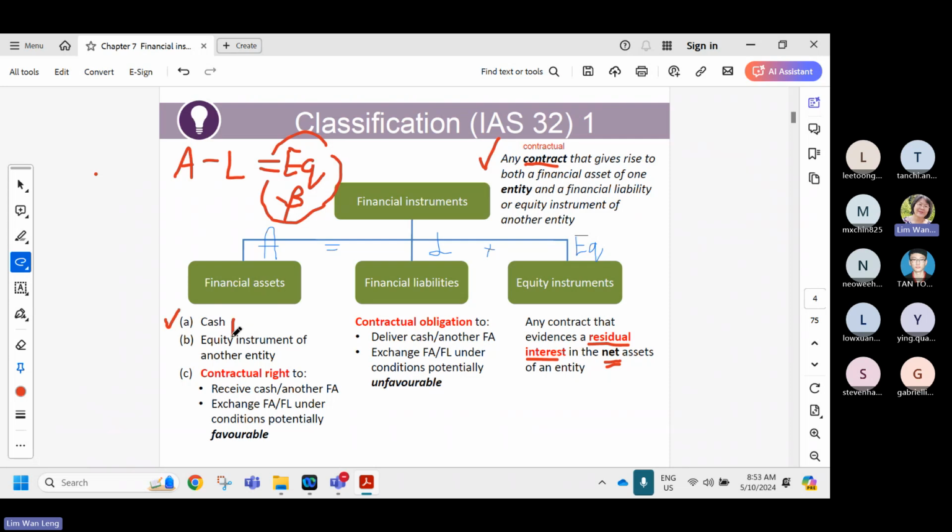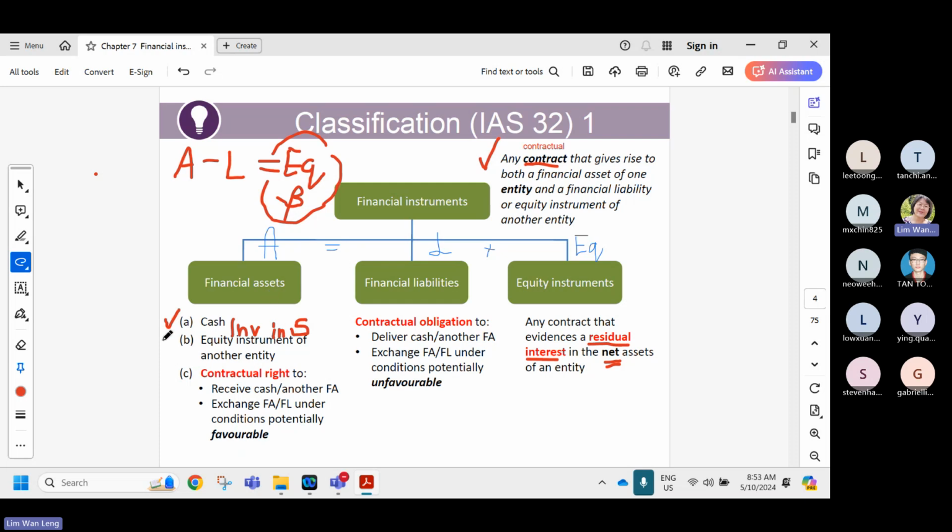For example, you may have investment in subsidiary. Investment in subsidiary is part of the financial asset. Let's say in the books of the holdings, you will find investment in company XYZ, and it so happens company XYZ has subsidiary status. So investment in subsidiary is part of the financial asset.